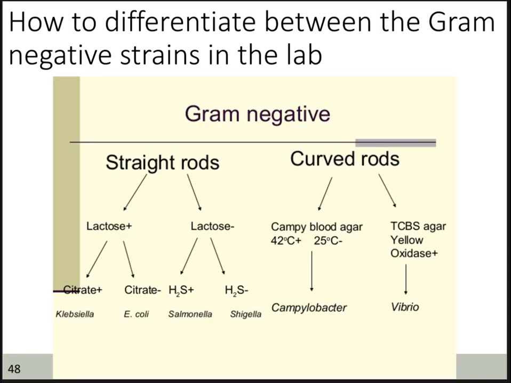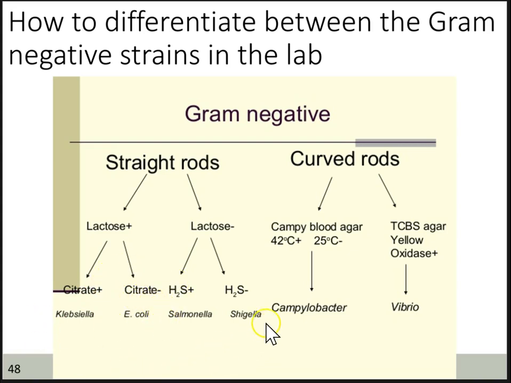Now, these are all gram-negative rods that are causing these different diseases. This is a dichotomous key to differentiate between the different types of gram-negative bacteria that can cause intestinal diseases. So, for example, if you have a straight rod that's able to use lactose as a nutrient source and is citrate positive, you probably have Klebsiella, whereas if it's citrate negative, you most likely have E. coli.